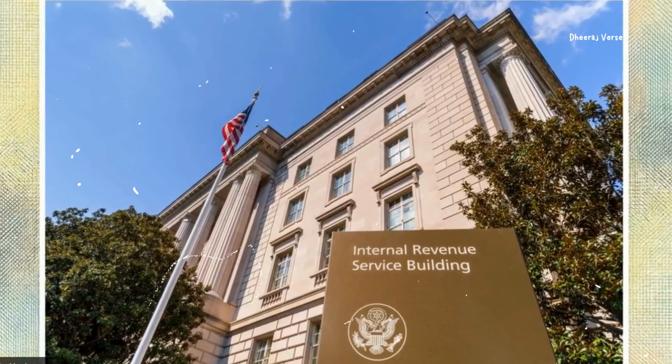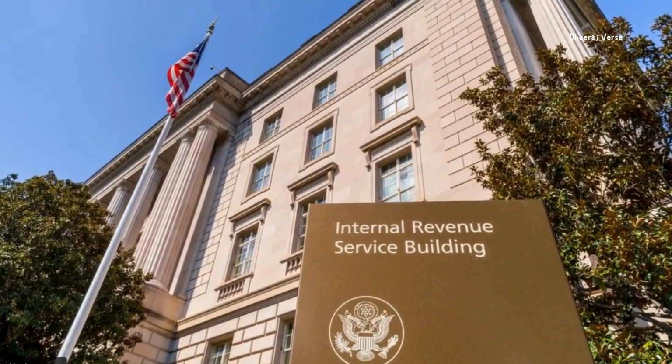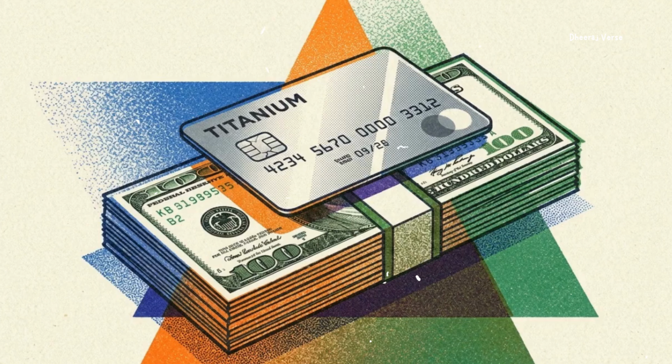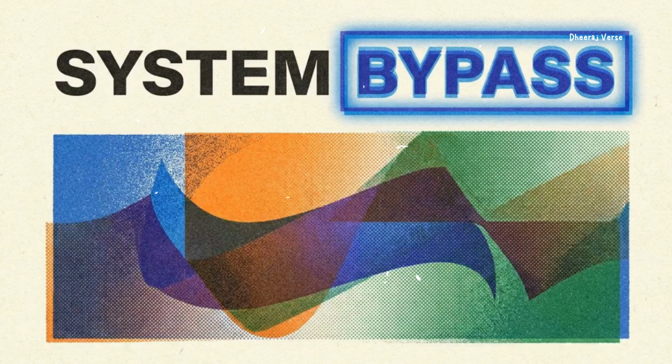This maneuver creates a closed loop where the ultra-wealthy can access unlimited liquidity while remaining completely outside the standard income tax system. It provides more spending power than the highest corporate salaries, but without the burden of income or payroll taxes. By decoupling cash flow from asset sales, the system effectively makes the income tax an optional contribution for the ultra-wealthy.